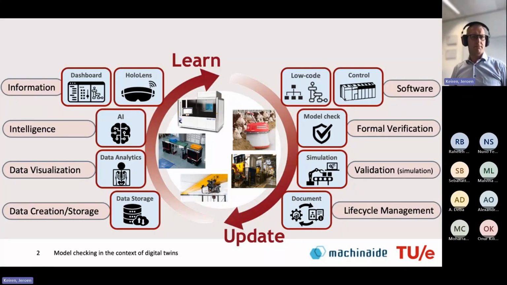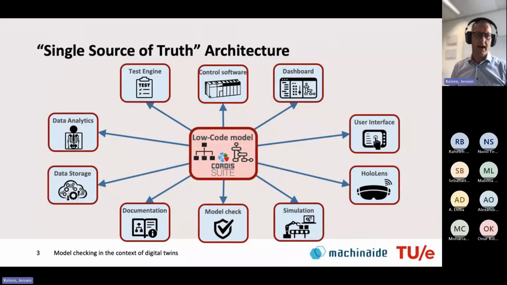Now, to zoom in a bit more on the context that we have, in this project, we focus on these machine control applications that are developed using a low-code UML-like model as essentially a single source of truth.